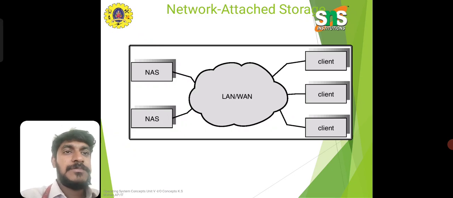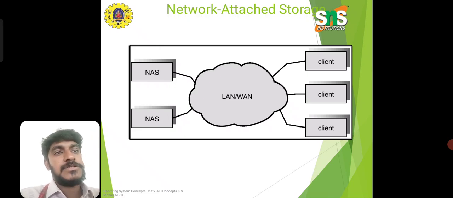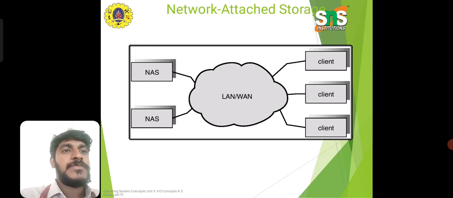The network splits the data and processing among different clients, client 1, client 2, client 3, up to n clients attached to the local area network. In this picture we can see how network attached storage performs in the I/O system, in mass storage and disk scheduling.